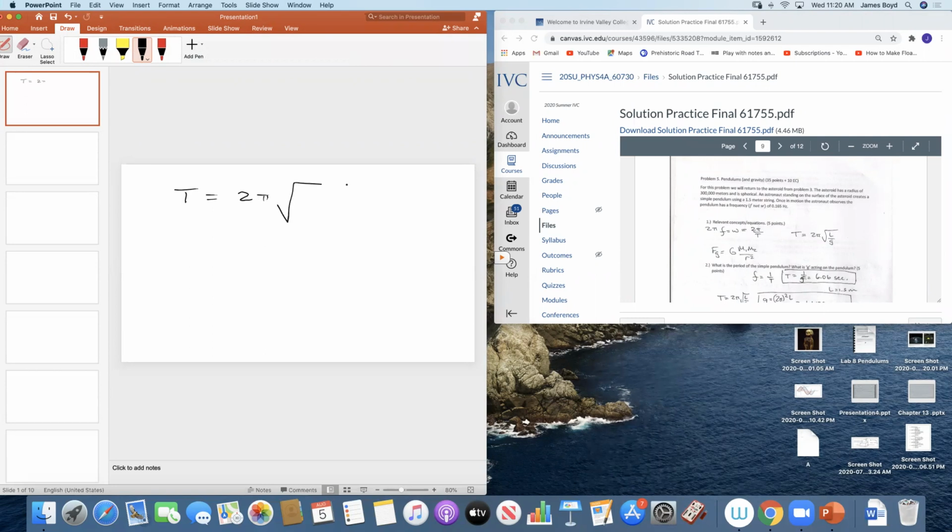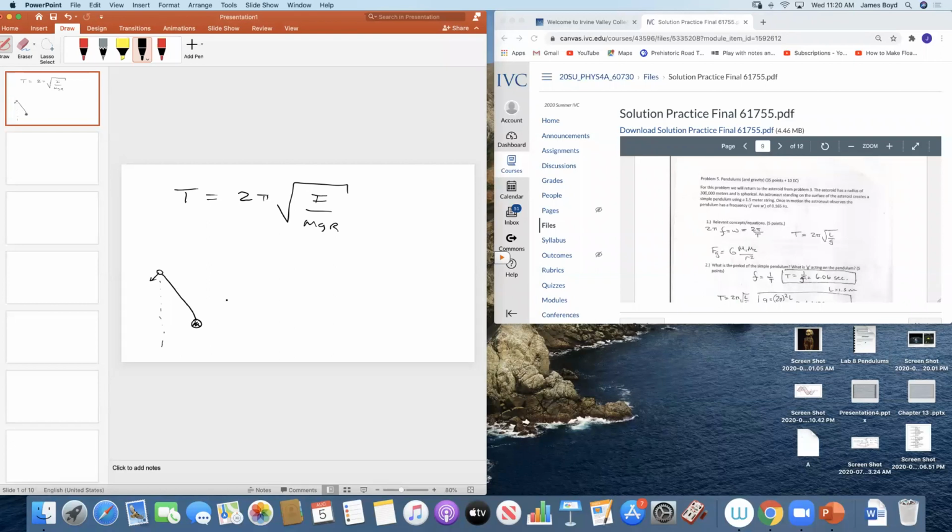The period of a physical pendulum is 2 pi times the square root of I over mgr. And for a simple pendulum, what R is, to make this understandable, is it's rotating about this axis, right? Going back and forth.